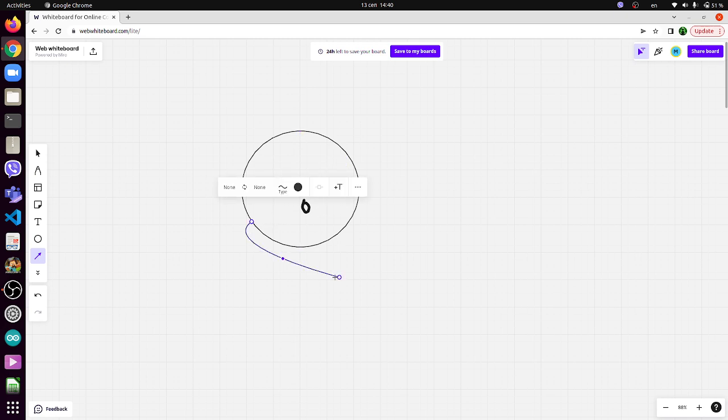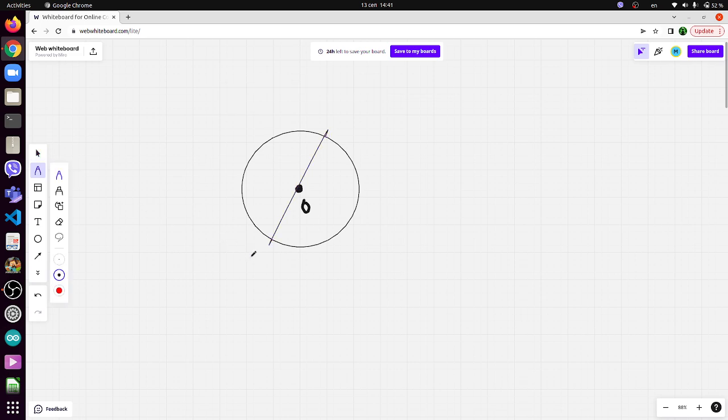Every diameter passes through the center of the circle and touches two points of the circumference. That is one diameter.